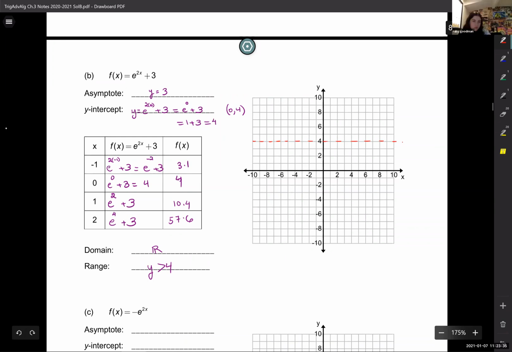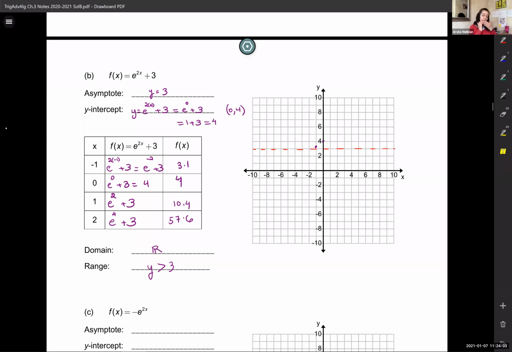Isn't it 3? Oh, I'm so sorry. It's 3. I looked at the y-intercept. Okay, so 3. Okay, so -1, we're at 3.1, then 4, then 10.4.